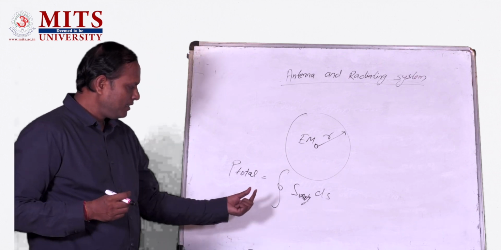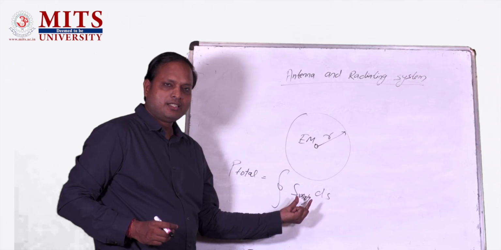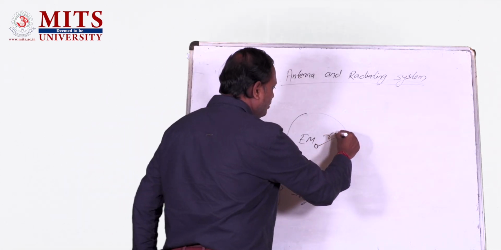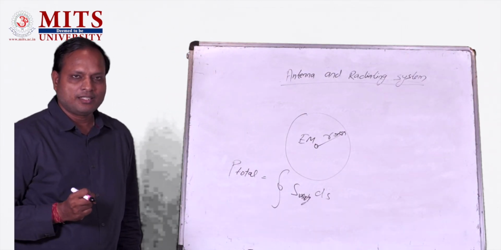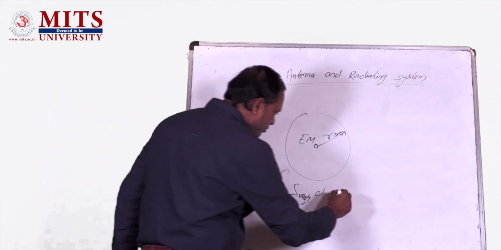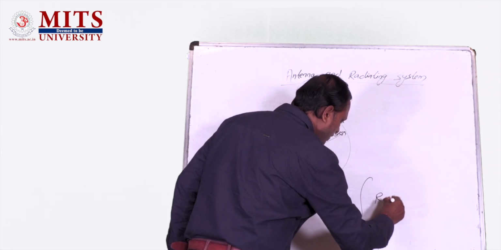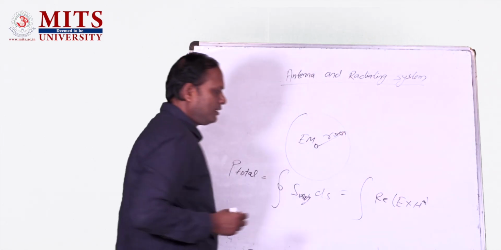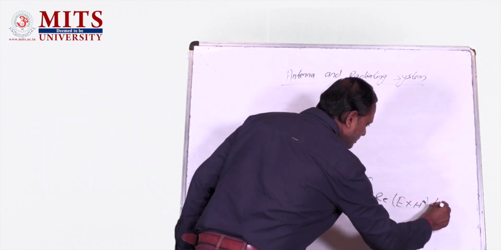Here, why have we taken the average? Since the medium is infinite, r tends to infinity, and there is no possibility of reflection. Hence S average is equal to the real part of E cross H star into ds.